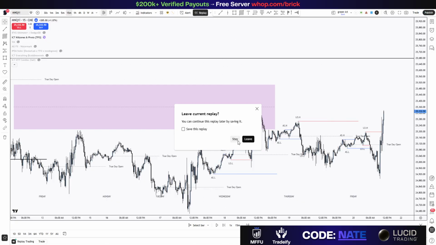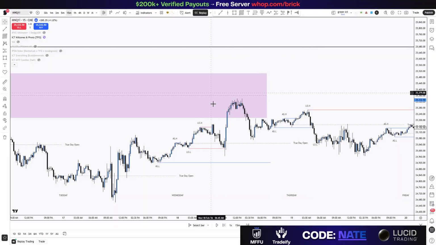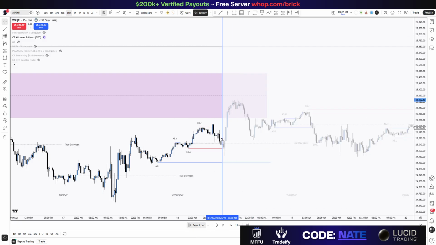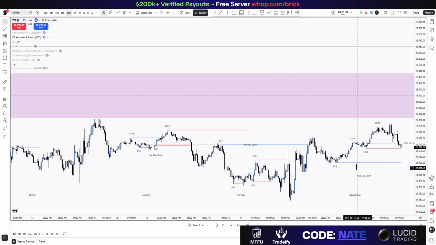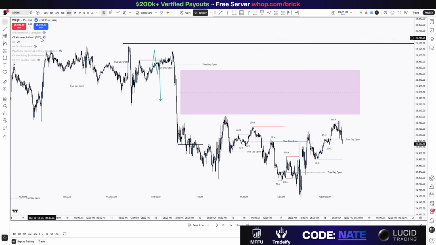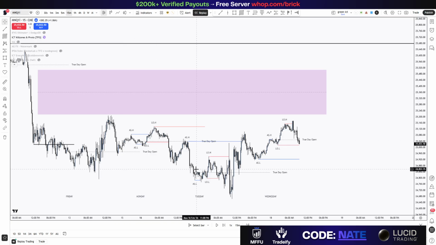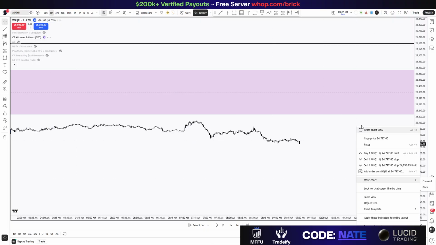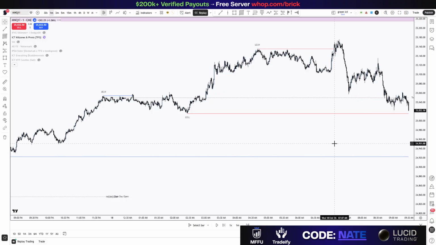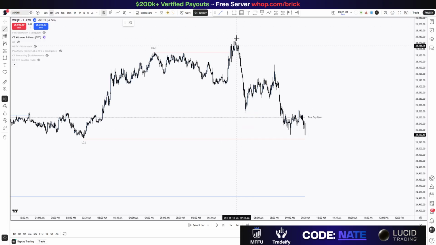So for example, here, what is this, the 18th of February, right here, we have been selling off for a couple of days, expecting price to come back up. We're at the bottom of the range, looking for a manipulation. We have these highs up here and up here.